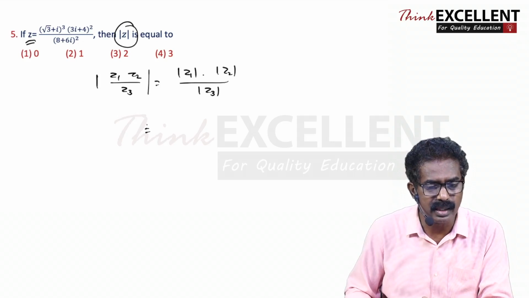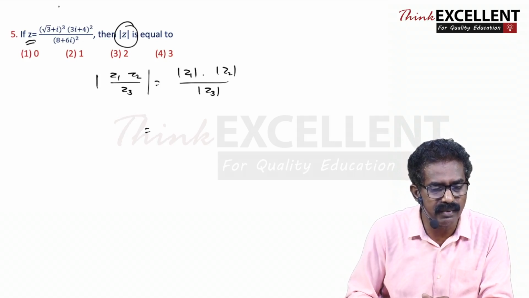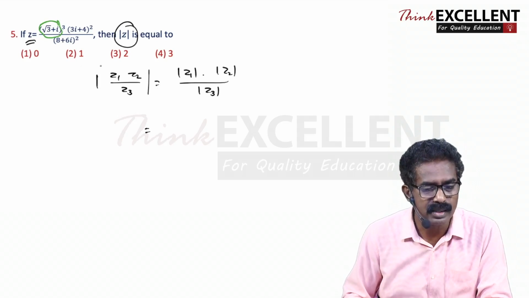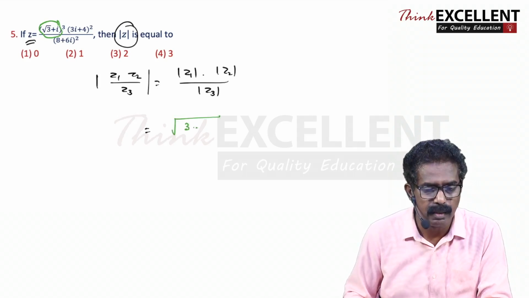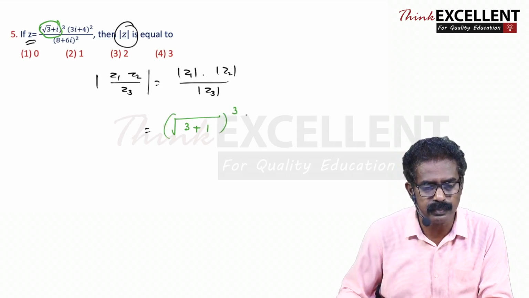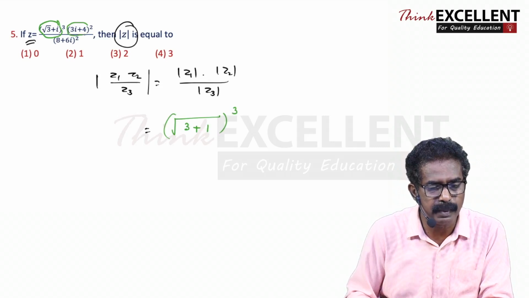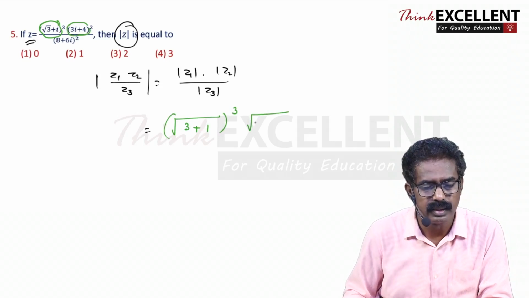So when you take the modulus, first you take the modulus of this part alone, then you take the whole cube. Modulus of this is root of root 3 square plus 1 square, which is root of 3 plus 1, the whole cube is there. Next you take the modulus of this part, root of 3 square 9, 4 square 16, the whole square is there.